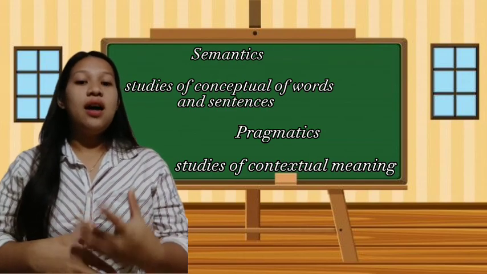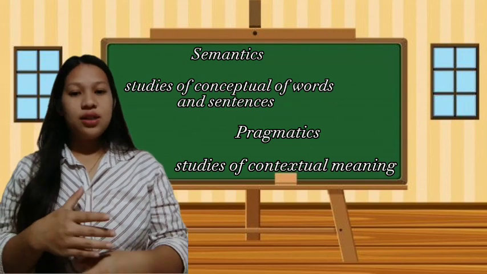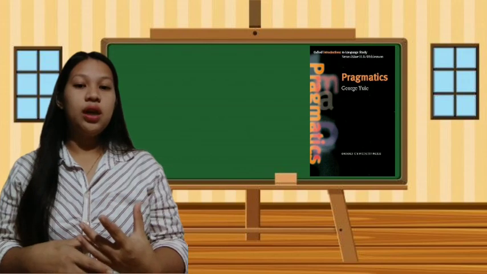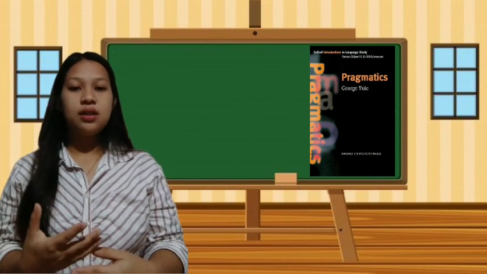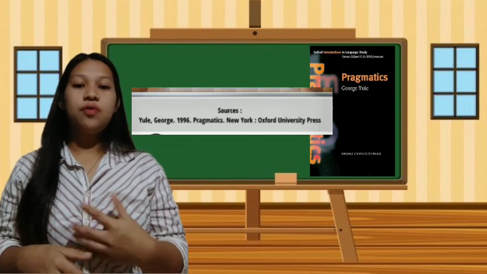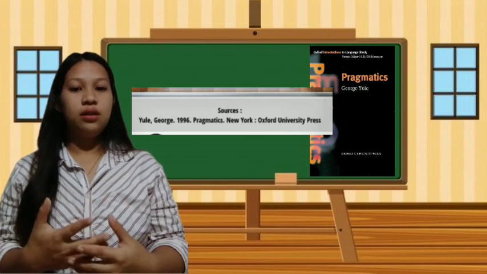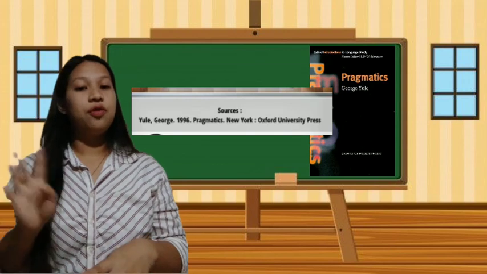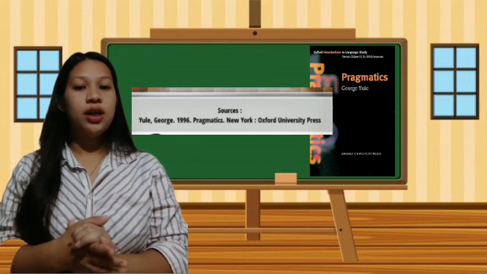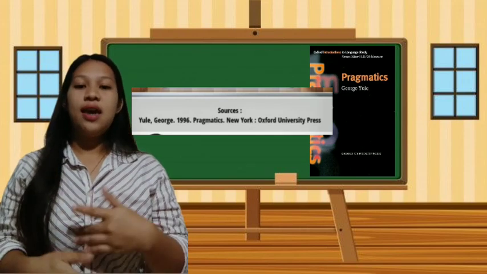So, to easily understand what pragmatics means, according to the book of George Yule entitled Pragmatics, published in 1996 by Oxford University Press, he defined pragmatics in four dimensions. So what are the four definitions that he had?